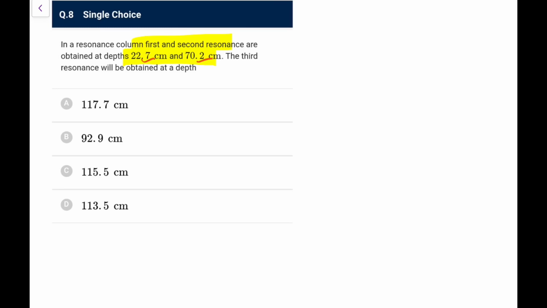So third would be, let's say, 5 times, that would be 110 plus, but here we will have to go for the end correction also, because it is not exactly the same. So L1 plus X is, let's say, actual L1 naught. L2 plus X would be actual L2 naught, which would be 3 times L1 naught, and L3 plus X would be equal to L3 naught, which would be 5 times L1 naught.